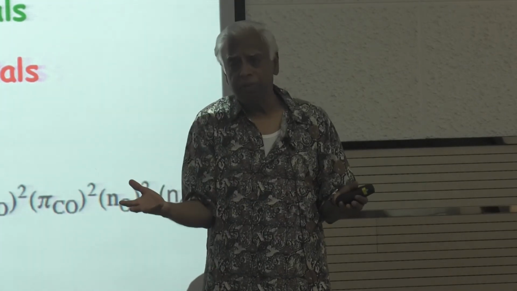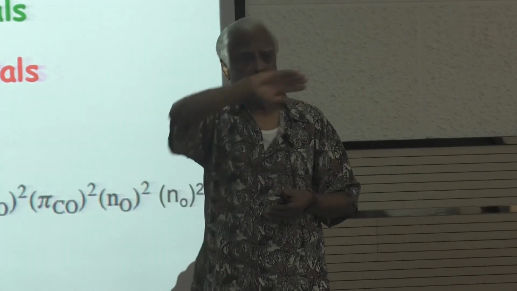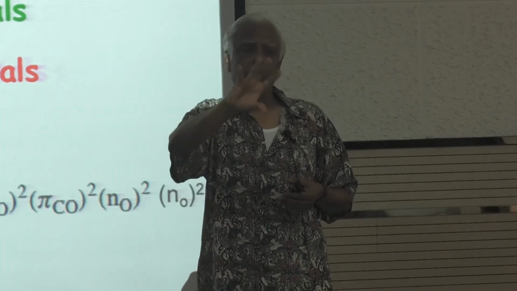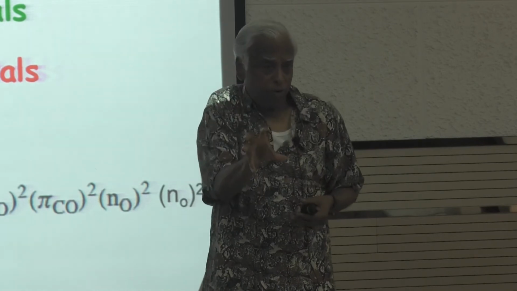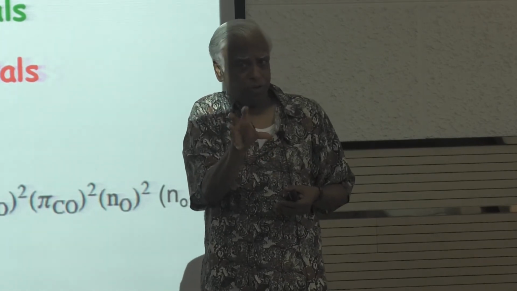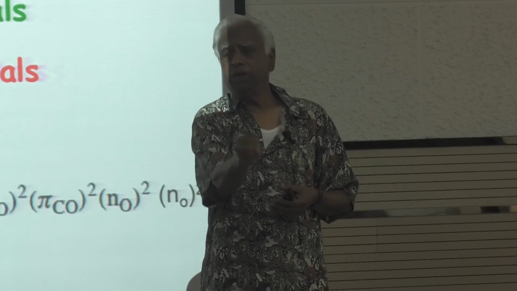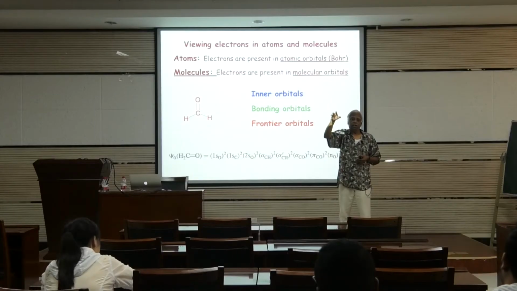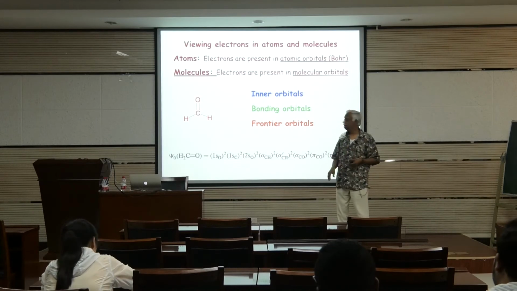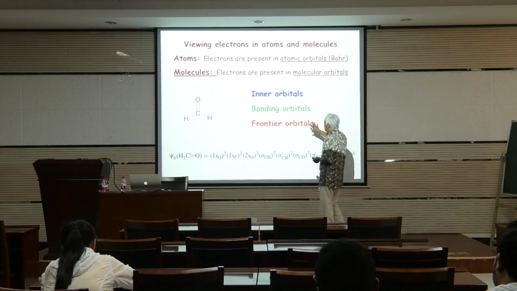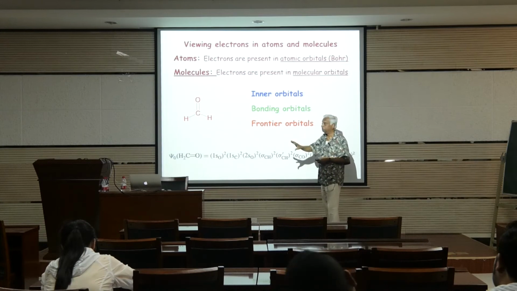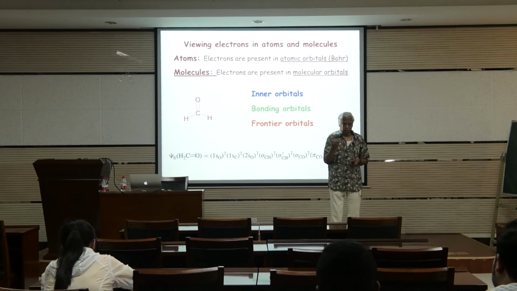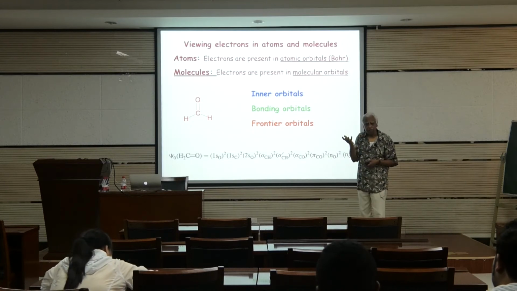You can think of the electrons in the molecule as a whole bunch of electrons at the outer shell, and something inside, very close to the nuclei. Those very close to the nuclei are held by the nuclei, plus and minus charge, they attract. For the ones outside, the attraction is much less, and these are the orbitals that are important. The inner orbitals are important, but for our purpose they are not that important.